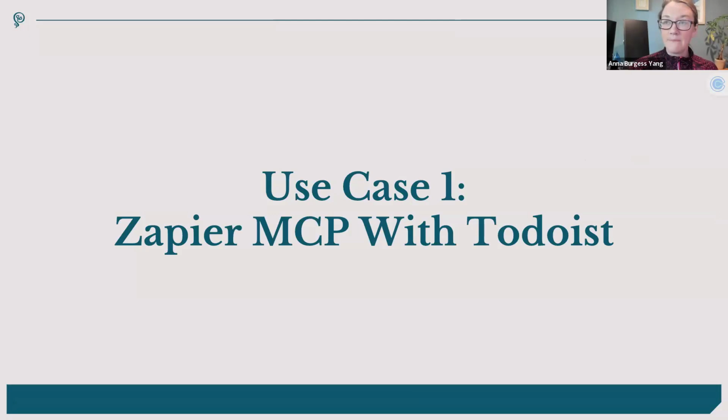And before the Zapier MCP, I would need to stop what I was doing, move over to Todoist, and add the item so that I wouldn't lose track of it. And this replaces that. The behavior happens all within Claude, within the context of a chat conversation.